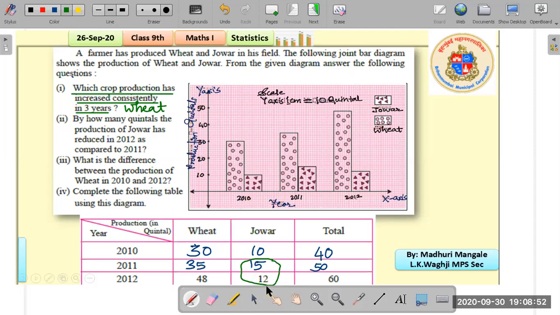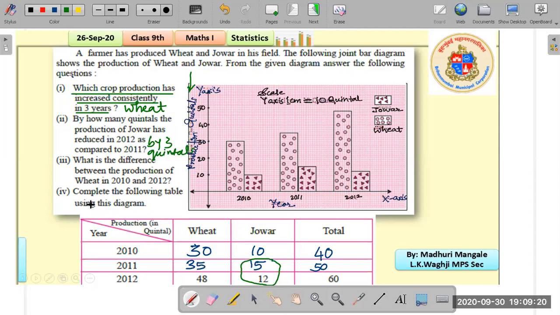It is reduced by 3 quintals. Over here you can see the unit is mentioned, it is production in quintals. So the production of jowar in 2012 has reduced as compared to the year 2011 by how many quintals? By 3 quintals.